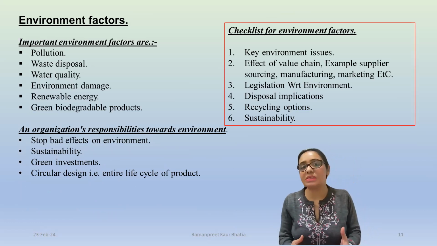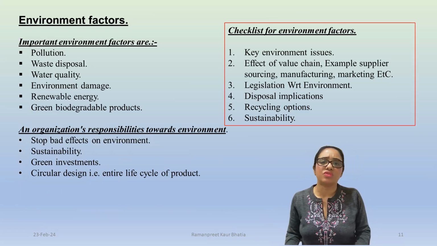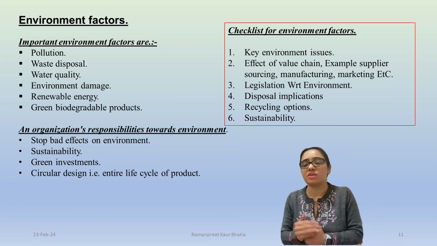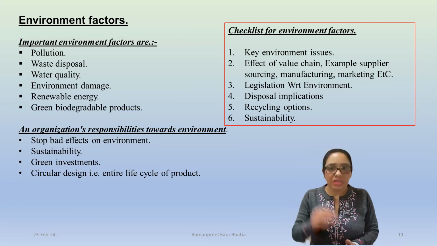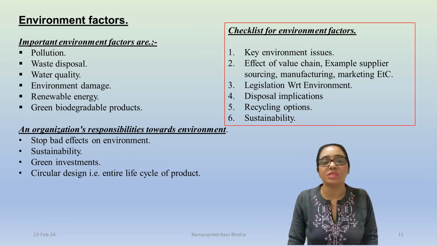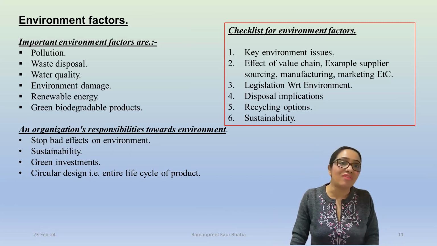Properties are being built, bought, sold, rented in so many countries, but there has to be an energy performance certificate. These buildings should adhere to building cladding rules. These are environmental factors which might affect the operation of an industry.